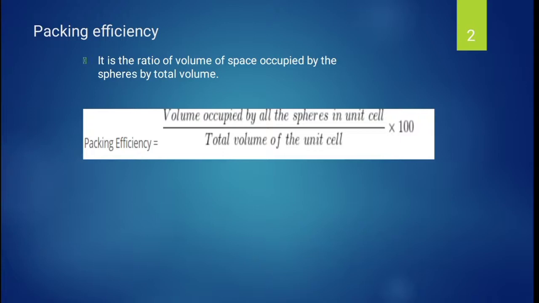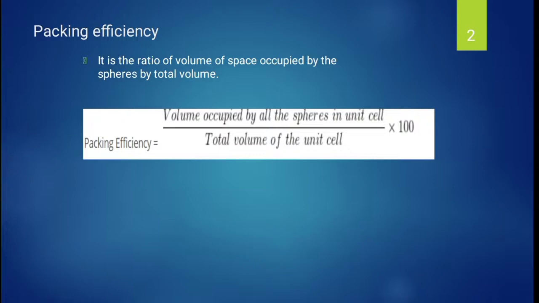Packing efficiency is nothing but the total space occupied by spheres, molecules or ions in the solid. Here, the packing efficiency definition is given. It is the ratio of the volume of space occupied by the spheres to the total volume.